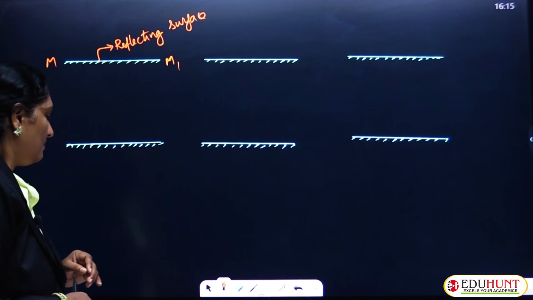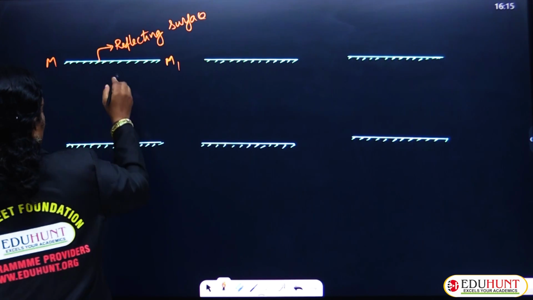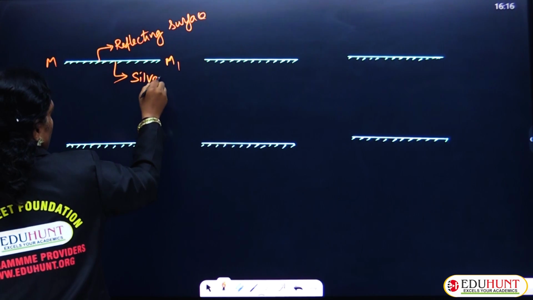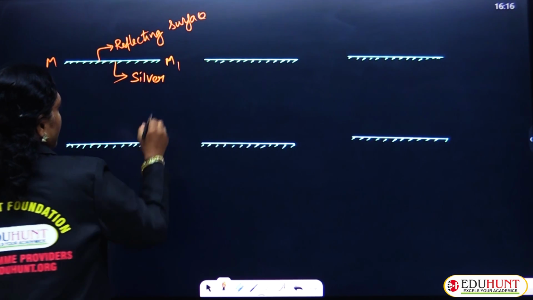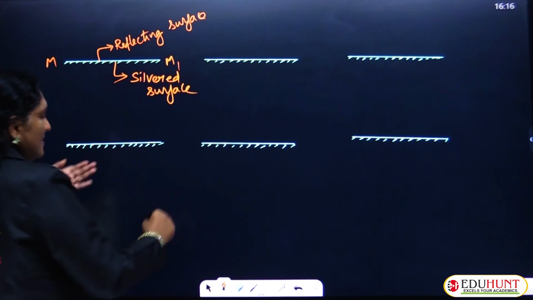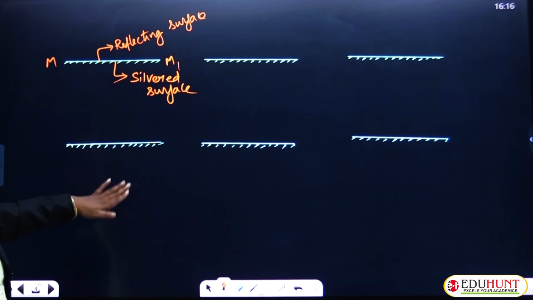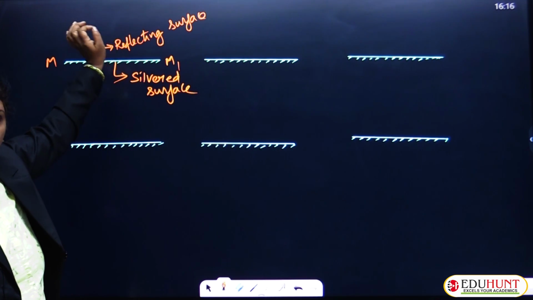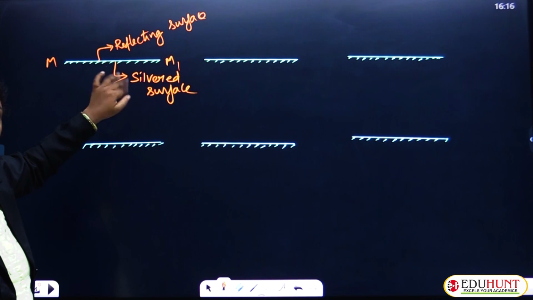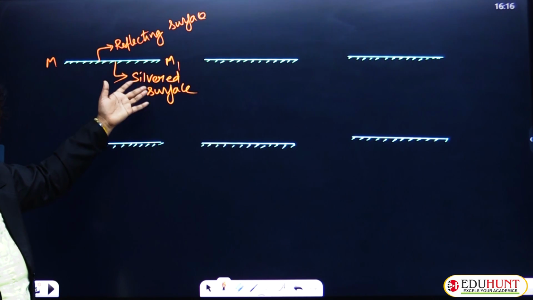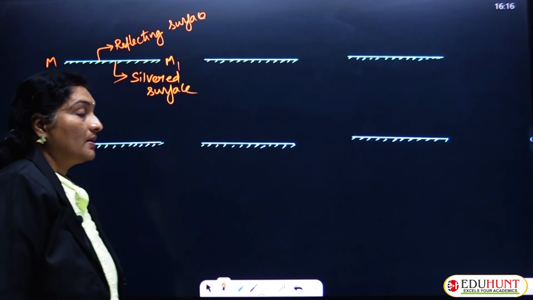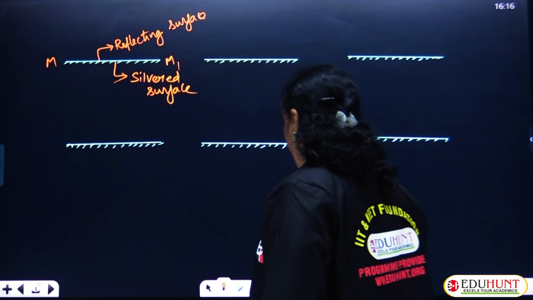That surface is the secondary one, called the silvered surface. So there are two different surfaces: the front, called the reflecting surface, which always reflects the light falling on it, and the back, coated with silver, called the silvered surface.